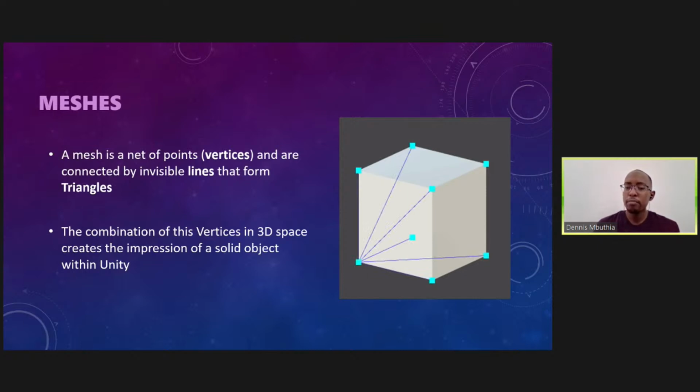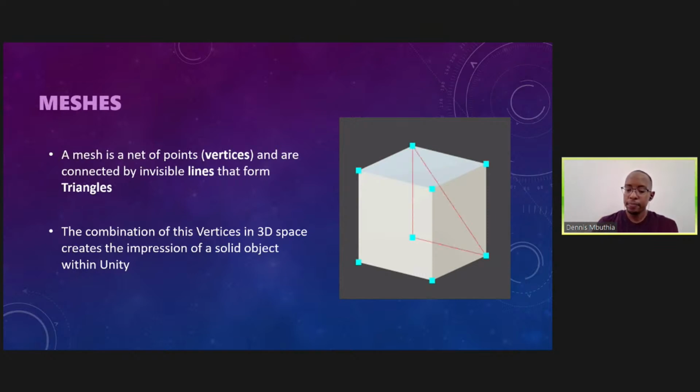That's a very important concept to understand, because the base of a mesh is actually a triangle. Those triangles are put together to make something like this. A triangle is the smallest unit of a polygon that can contain some graphical information.